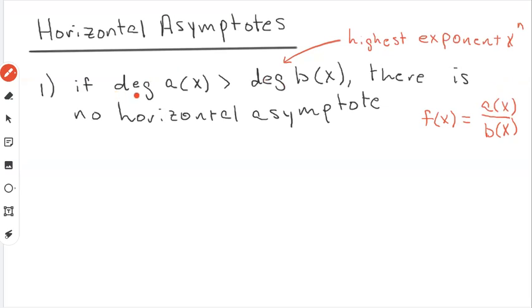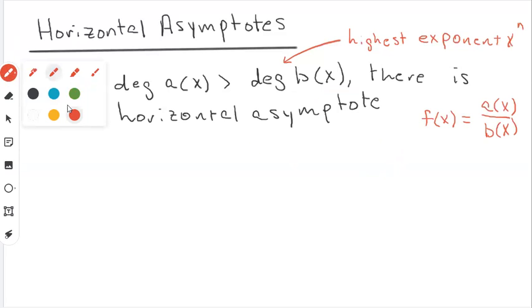We call that the degree of a of x. And we also know that there's going to be a highest exponent on the bottom, known as the degree of b of x. And all this is saying is, if the top exponent is bigger than the bottom exponent, then there's no horizontal asymptote. You would just write none, because there's nothing to worry about there.